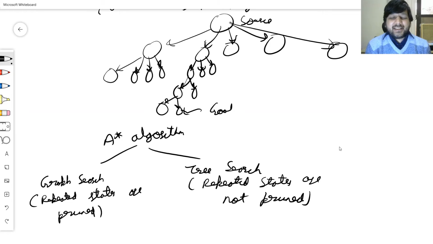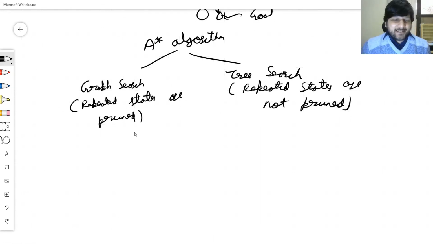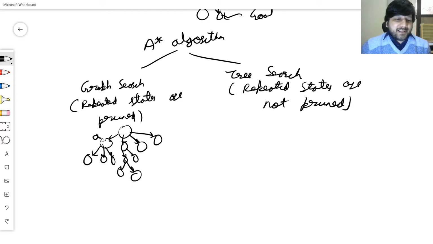And of course, there is a famous cartoon by which we show it. So that's a graph search, non-prioritized. Here, this was the state A, and this produces the same A. So instead of this, I say this has already been produced and I prune it. I don't expand it.